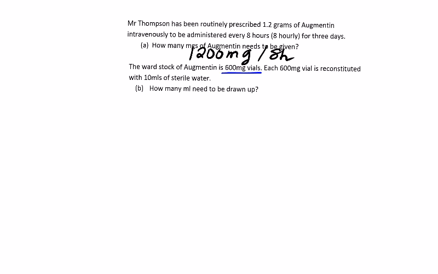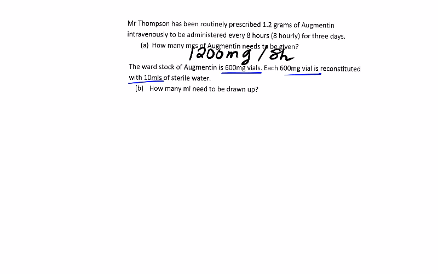Each vial is reconstituted with 10 mils of sterile water. So we don't have the concentration written separately, explicitly, but we have the quantity of milligrams in the vial and the instruction on how to reconstitute it by adding 10 mils of water.